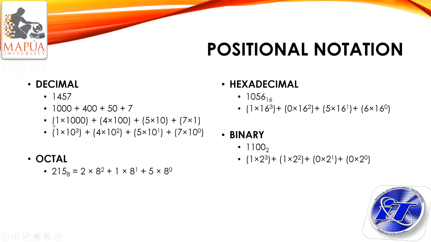we could rewrite it as 1 times 1,000. For 400, we could rewrite it as 4 times 100, since 100 is divisible by 10. And 5 times 10, definitely divisible by 10. And 7 times 1, so 10 raised to 0. So when we rewrite it based on base 10, we have 10 raised to 3, 10 raised to 2, 10 raised to 1, 10 raised to 0.